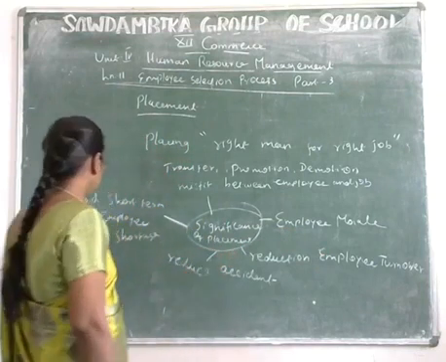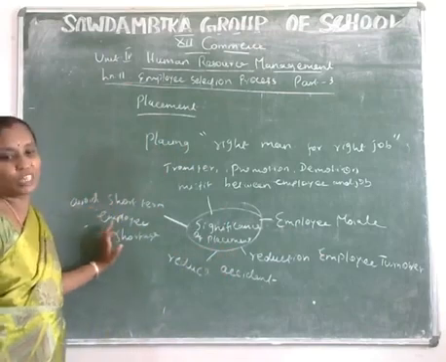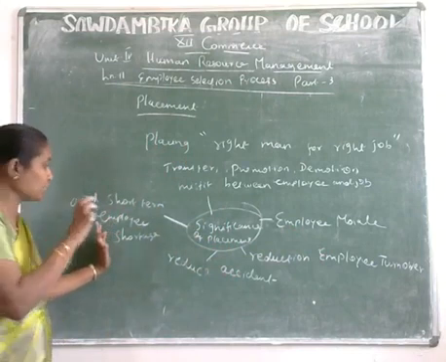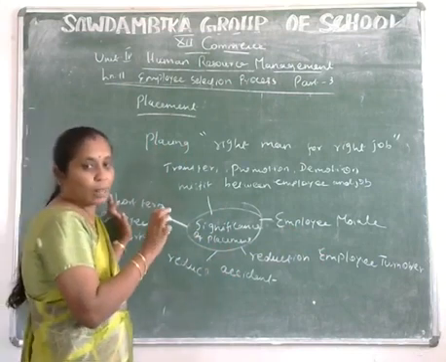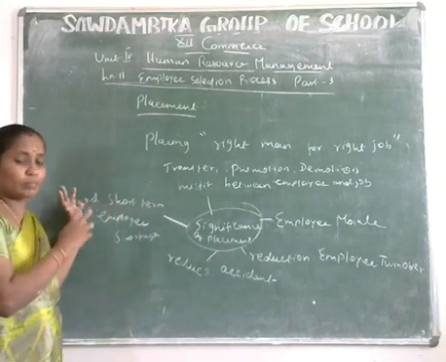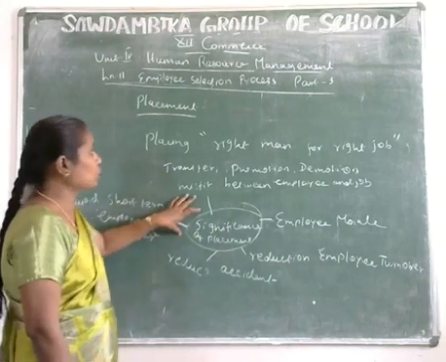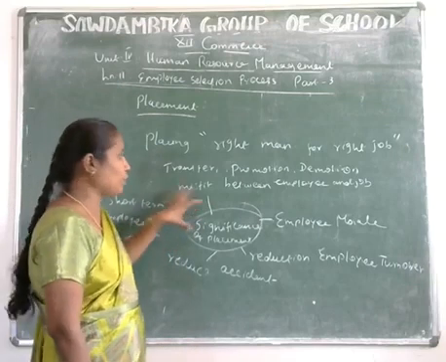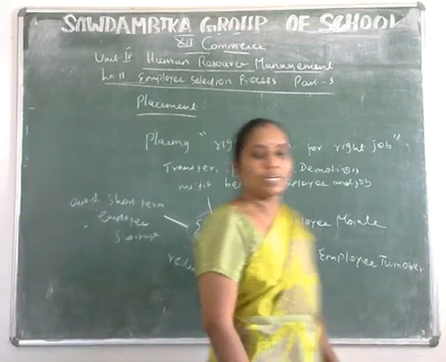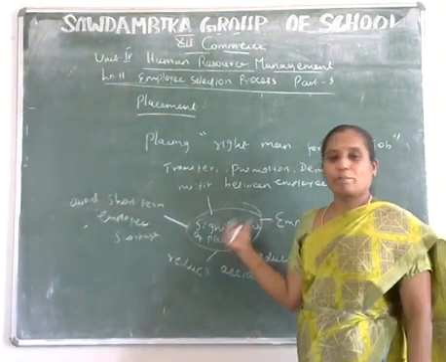And it helps to avoid short-term employee shortage, because every organization has to maintain the correct employees, without any shortage or deficiency of employees. And the next one is it helps to avoid misfit between the employee and job. So this is the significance of placement.